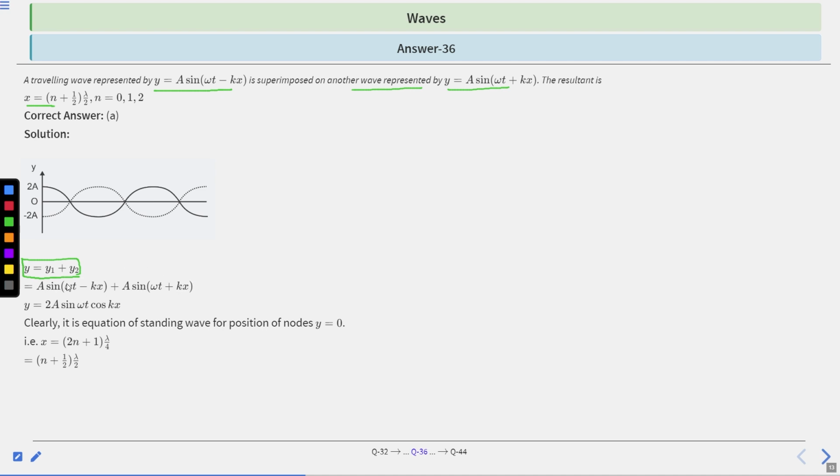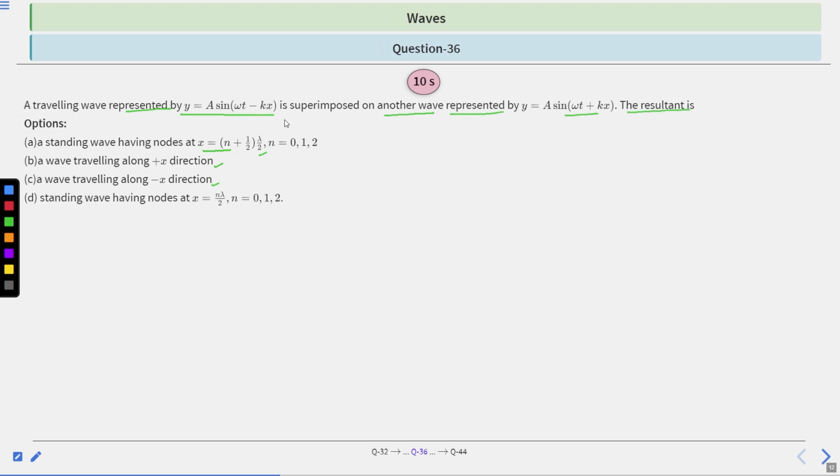Solving these two, you will get y equal to 2a sin ωt cos kx. Clear? Clearly it is the equation of a standing wave. For the position of nodes, y equals 0 and x equals (2n plus 1) multiplied by λ/4, which is equal to (n plus 1/2) multiplied by λ/2. Clear? So the correct option is A.